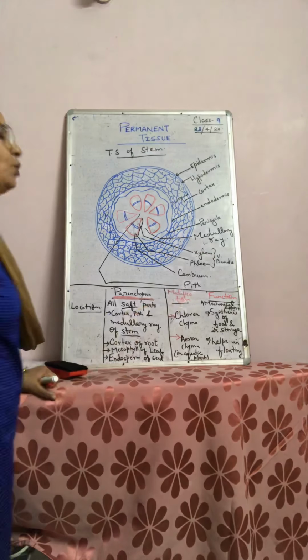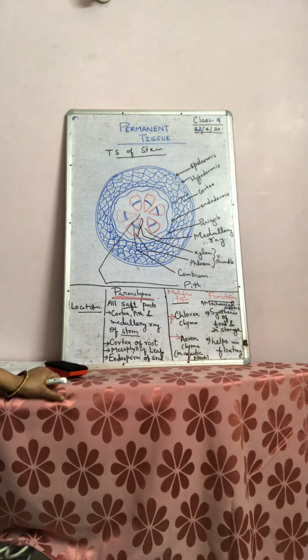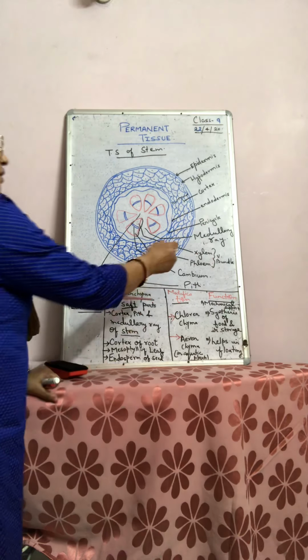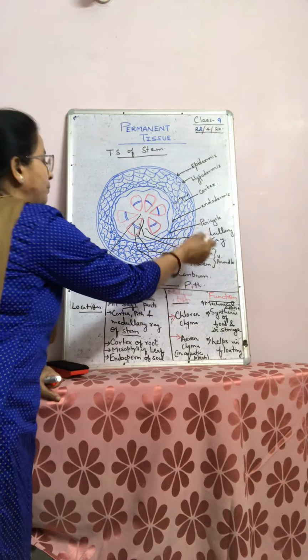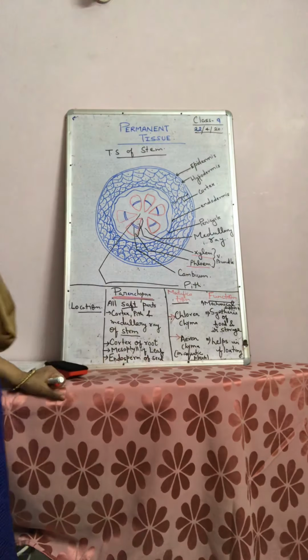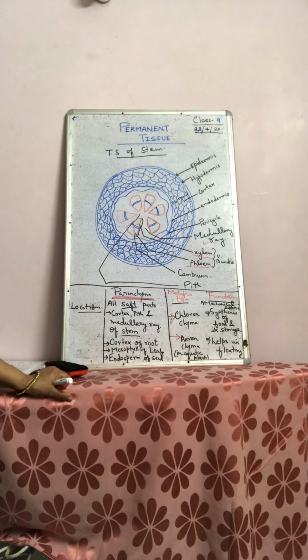You know very well that sclerenchyma is dead, non-living tissue. Most of the xylem is sclerenchymatous, and in phloem some parts are sclerenchymatous.